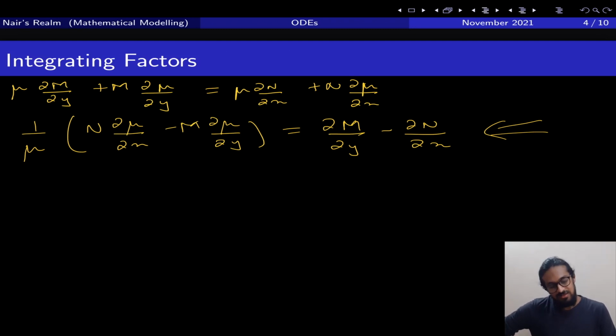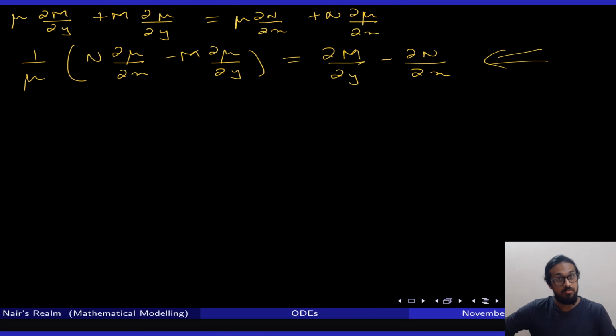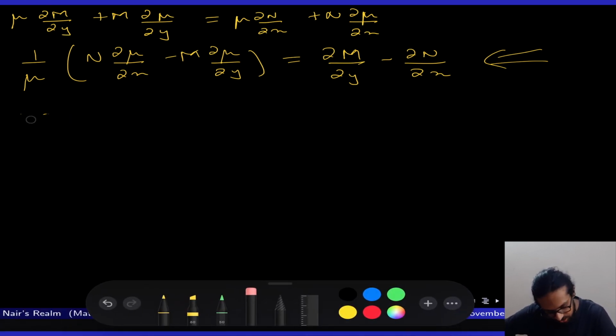So now let's assume that the particular solution μ is purely a function of x. Maybe I'll use another color for distinction, so let's use green.